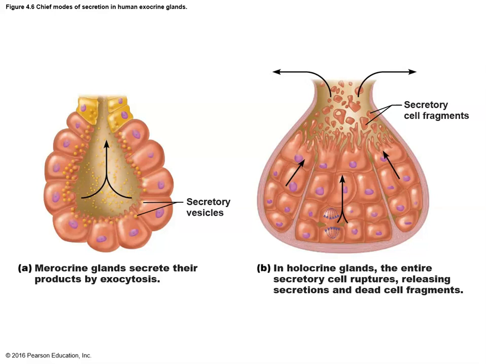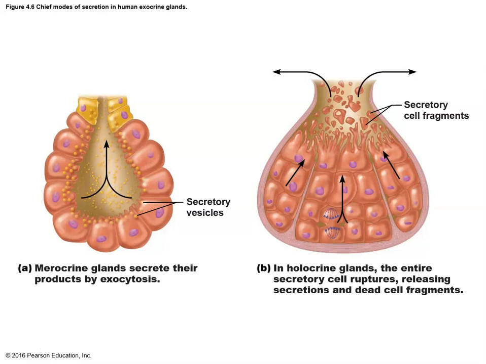So our two types of exocrine glands here: our first example, A, is a merocrine gland, and it releases its product into the cavity of the gland by a process called exocytosis. Basically bundling up its product in little pouches and then releasing those by fusing with the outer membrane of the secretory cells.